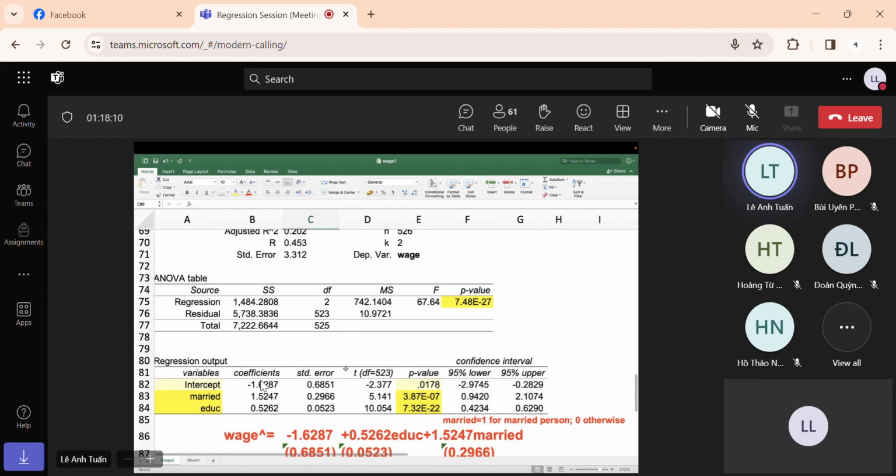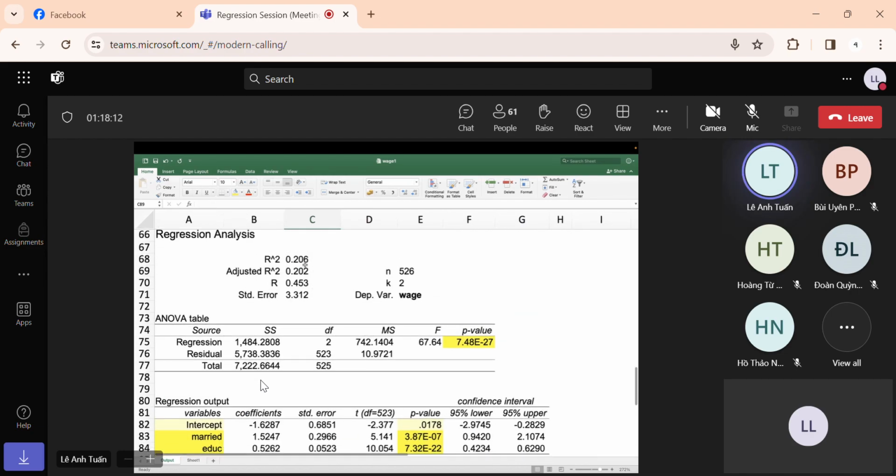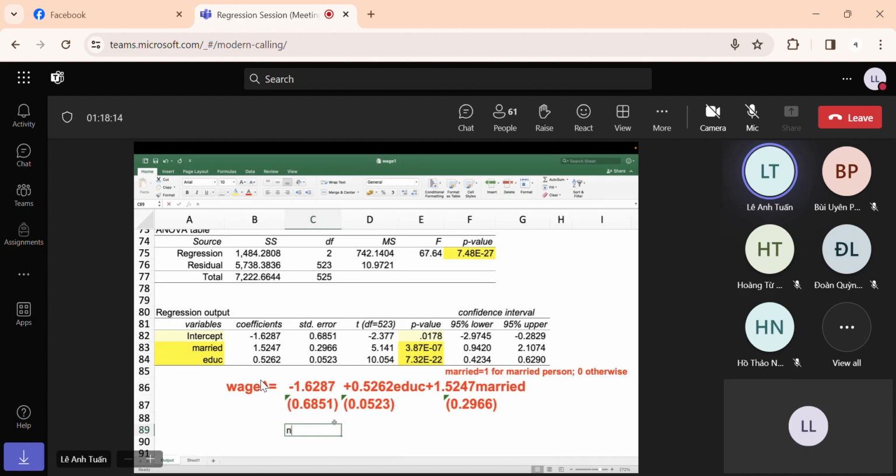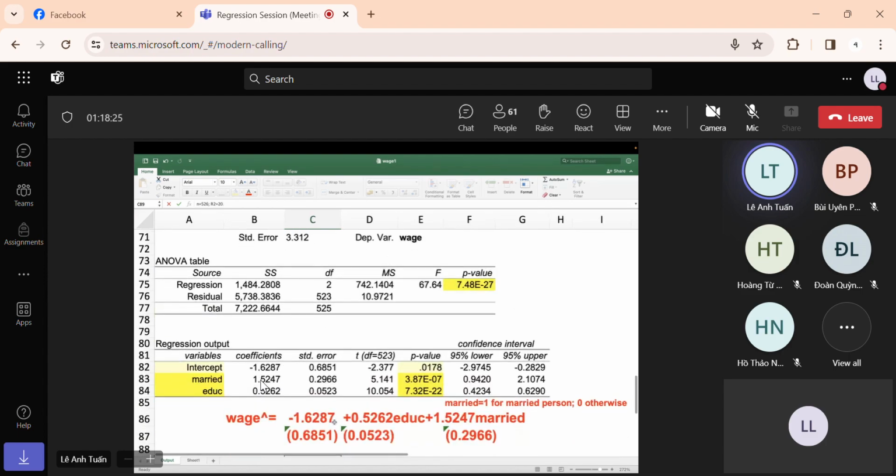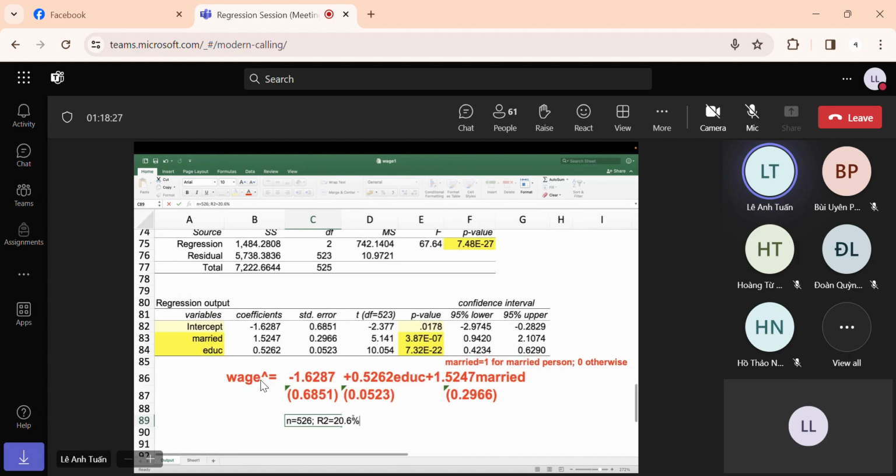In addition, we also have R squared, and the number of observations here, n equal to 126, and R squared here equal to 20.6%. Yeah, okay, 20.6%.